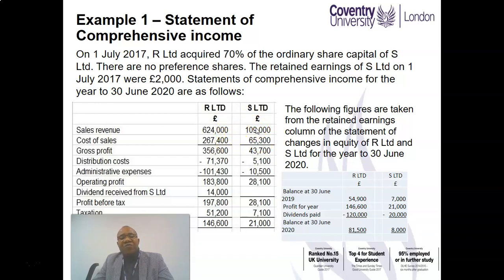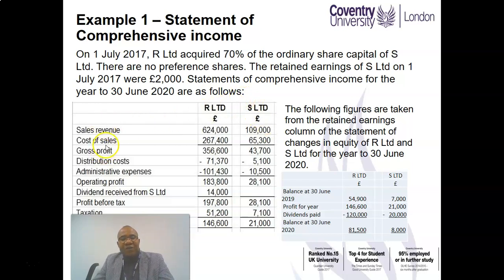The consolidation process is a simple exercise of adding these together line by line. So we would add for revenue 624,000 plus 109,000 less the 8,000 sale to S Limited.